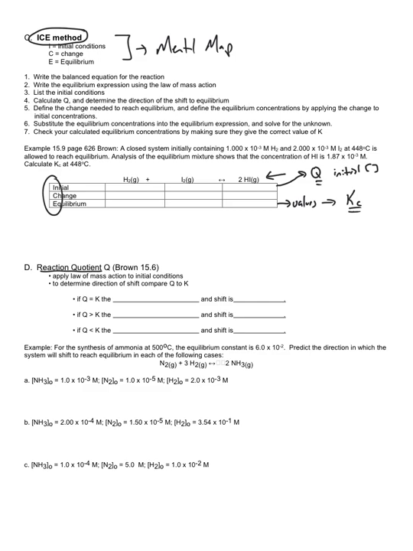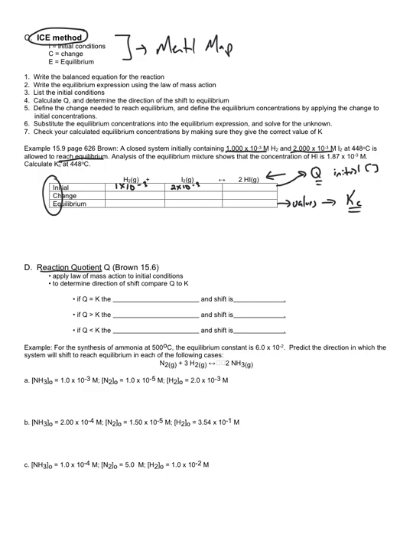Okay? All right, so in this problem, it says in a closed system, 1 times 10 to the negative third molar of hydrogen and 2 times 10 to the negative third molar iodine is placed in the vessel and is allowed to reach equilibrium. So initially, I have 1 times 10 to the negative third and 2 times 10 to the negative third molar concentrations.